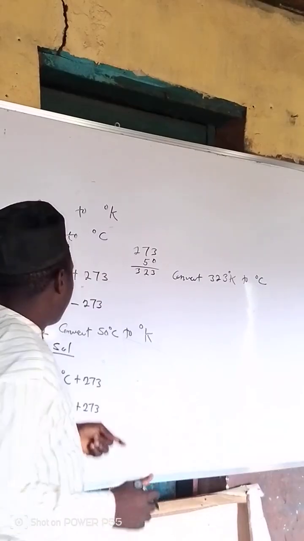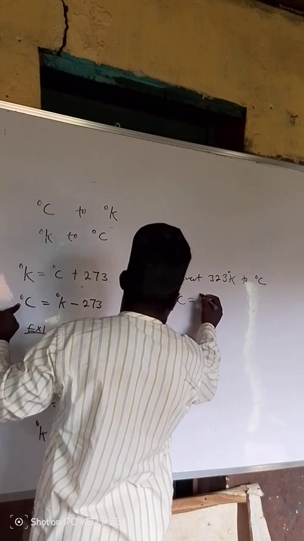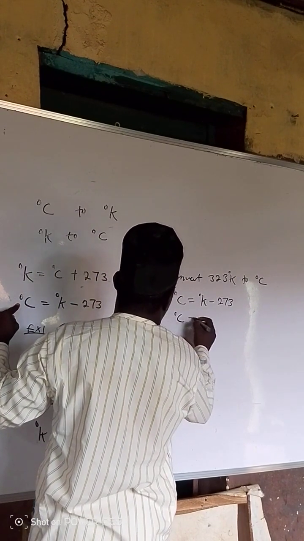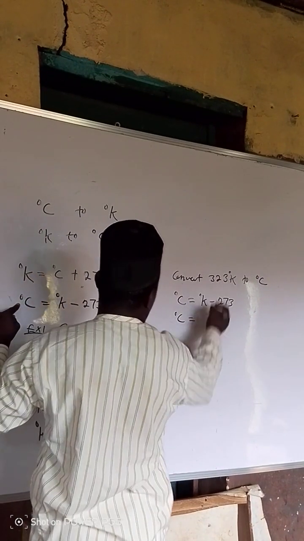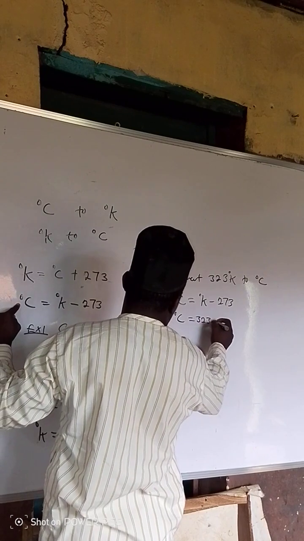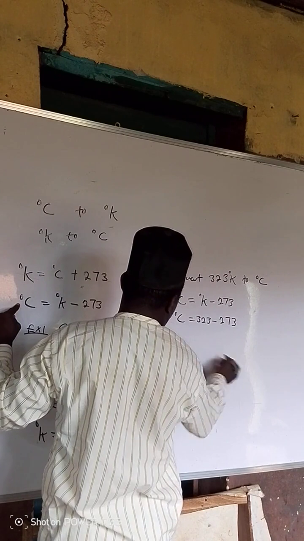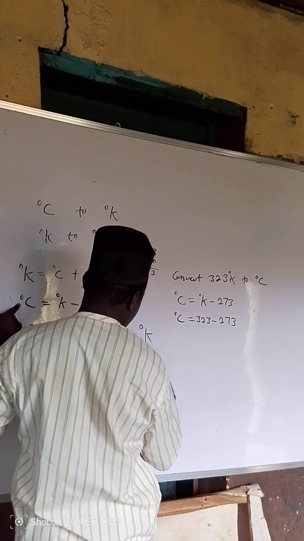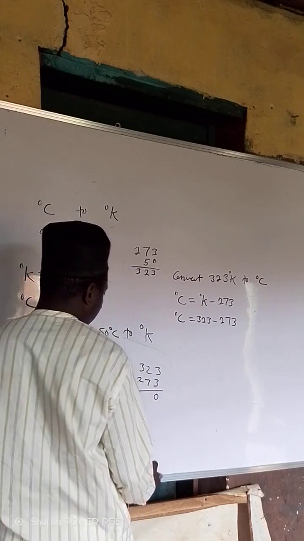According to our formula, degree Celsius is equal to degree Kelvin minus 273. Then degree Celsius is equal to what we have been given for degree Kelvin, 323 minus 273.